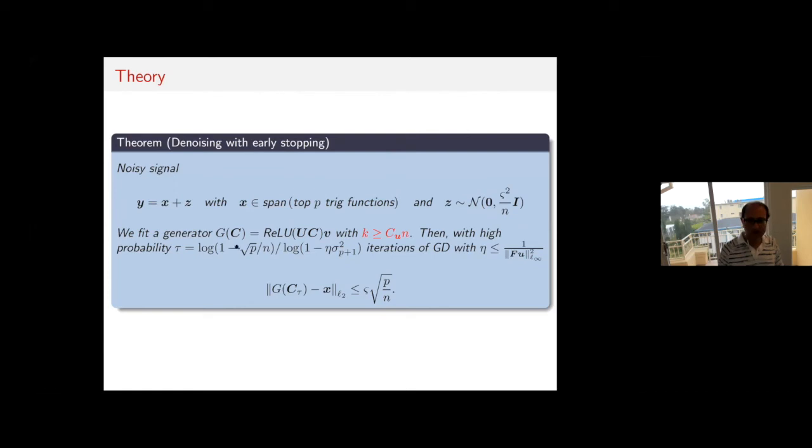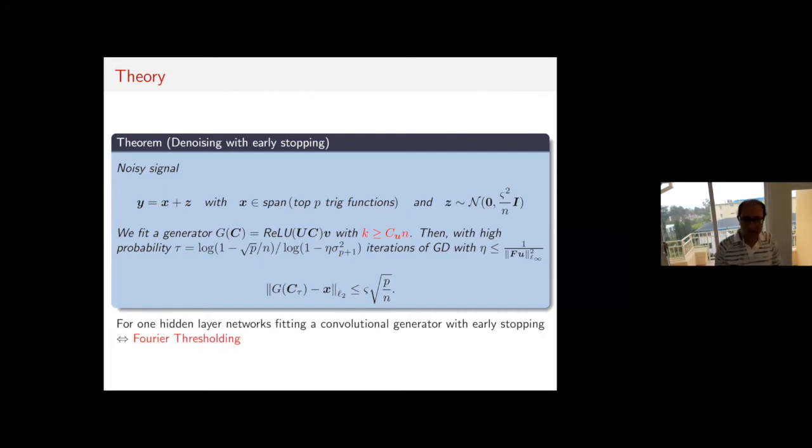If you fit a generator like we discussed, where the convolution has this dual kernel property, and the network is sufficiently over-parameterized, then if you stop early, the distance between the network output at that time and the ground truth noiseless image goes down like the square root of P over N. That is what you would expect in this simple setting: if the signal has P degrees of freedom and the total dimension is N, you expect this square root of P over N behavior.